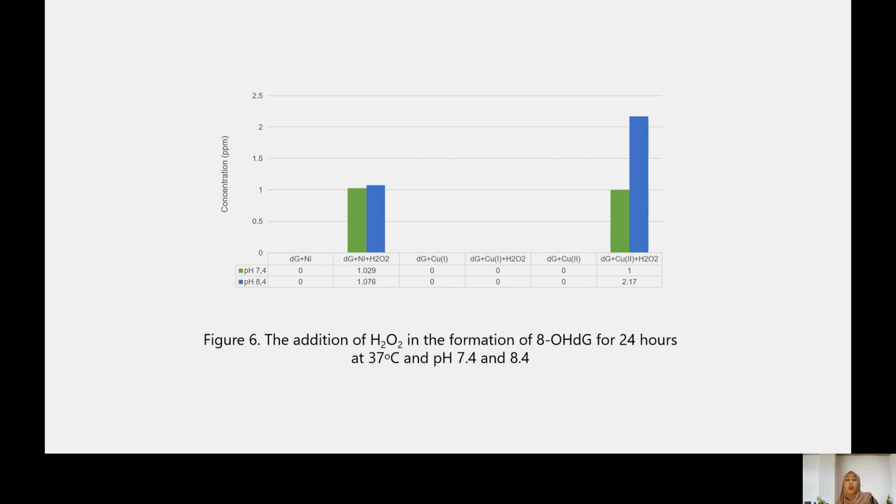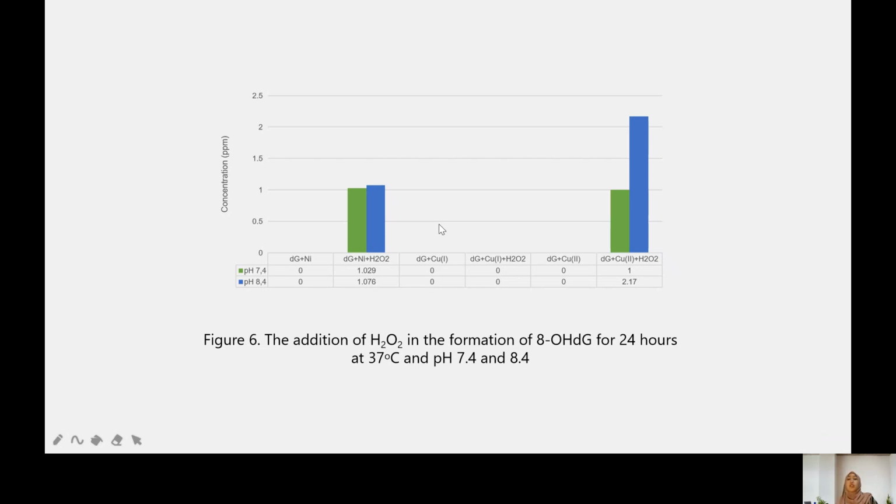Figure 6 shows the addition of hydrogen peroxide in the formation of 8-OHdG for 24 hours at 37 degrees Celsius and pH 7.4 and 8.4. And in this graph, without hydrogen peroxide it cannot form 8-OHdG.